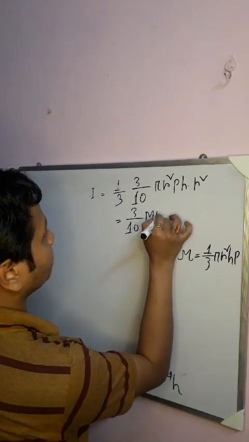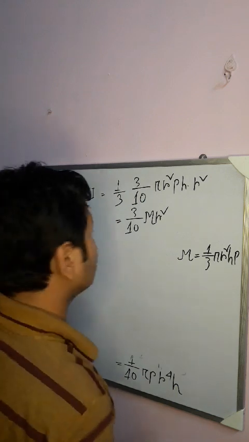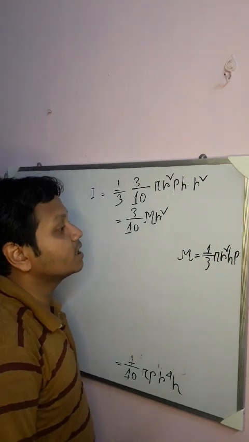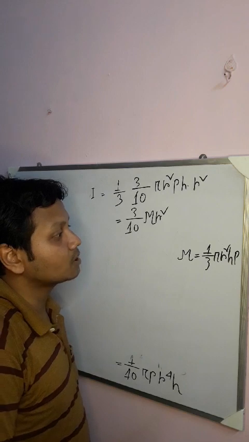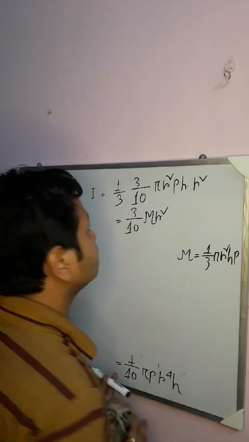So it is 3 by 10 mr square. This is the moment of inertia of a solid cone. This is simple.